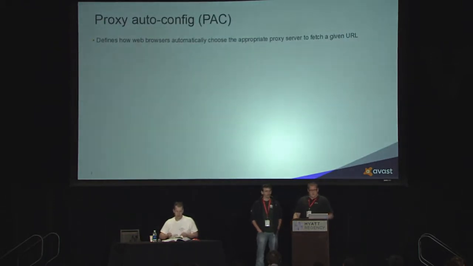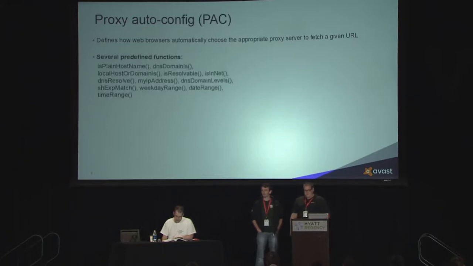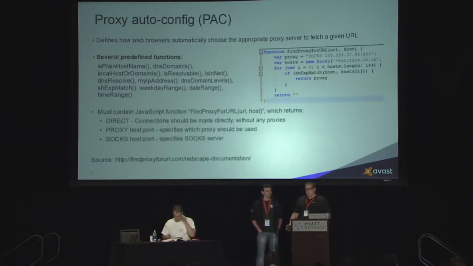The proxy autoconfig defines how a web browser automatically chooses the proxy to fetch a given URL. Actually, it's a really useful thing. You have server preference functions, which can be really useful when you are working with it. But unfortunately, it can be easily misused by malware authors.